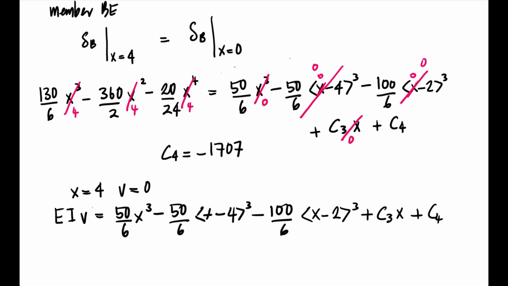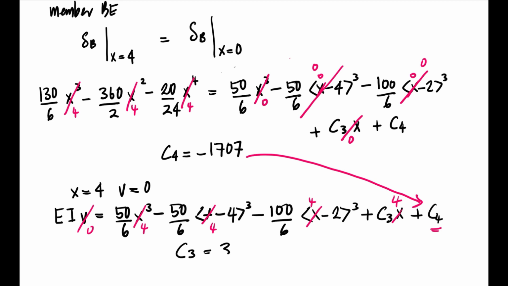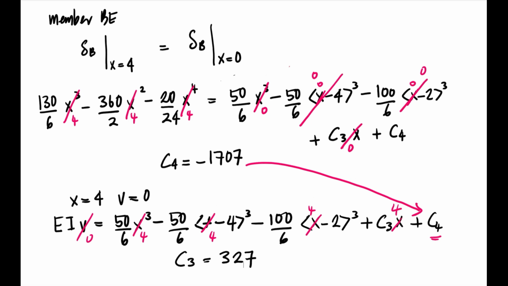I substitute, this term is 0, x is 4. C4 we already found previously, we substitute here. And now we can find that C3 is equal to 327. Now we have solved all the unknowns C1, C2, C3 and C4.